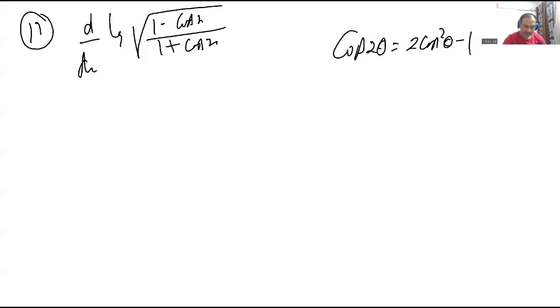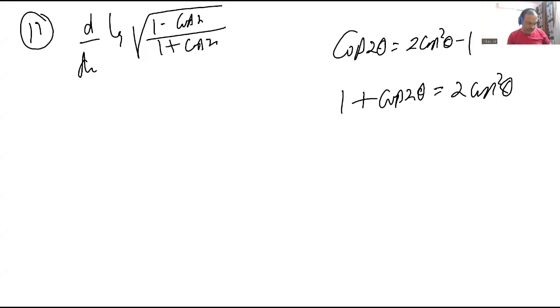Okay. This is the formula for cos 2 theta. Cos 2 theta is equal to 2 cos square theta minus 1. Now, if I take this 1 here, I will be having 1 plus cos 2 theta is equal to 2 cos square theta. Fine. But here in the question, I am requiring cos theta, not cos 2 theta.